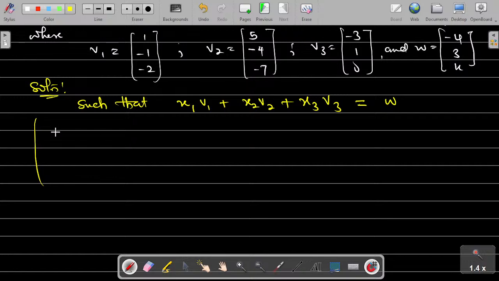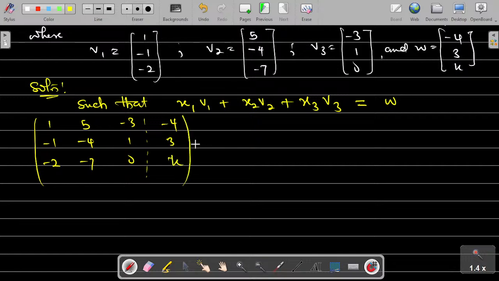So we have 1, minus 1, minus 2. Then we have 5, minus 4 and minus 7. And then we have minus 3, 1 and 0. And remember, it has to be augmented, so you augment it with w: minus 4, 3 and k.